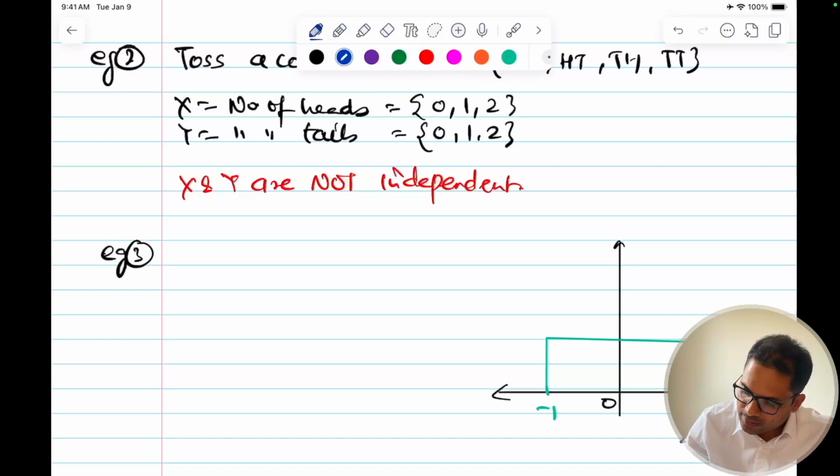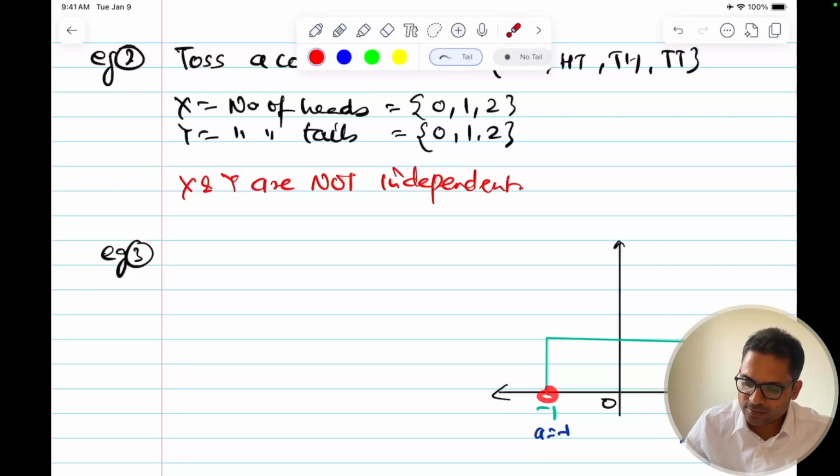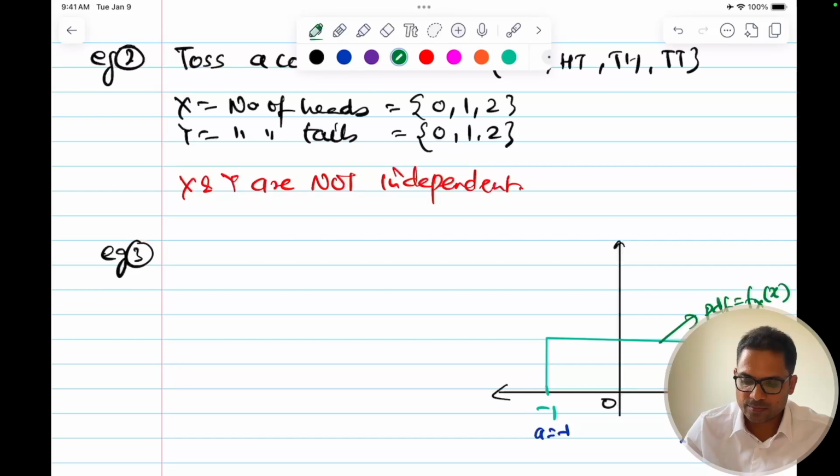This is my B equal to 1 and A is equal to -1. If this is -1, this is 1, what will be this value? We know from the PDF formula that this area should be 1 complete. This complete length is 1 unit on each side, so 1 plus 1, total is 2 units.